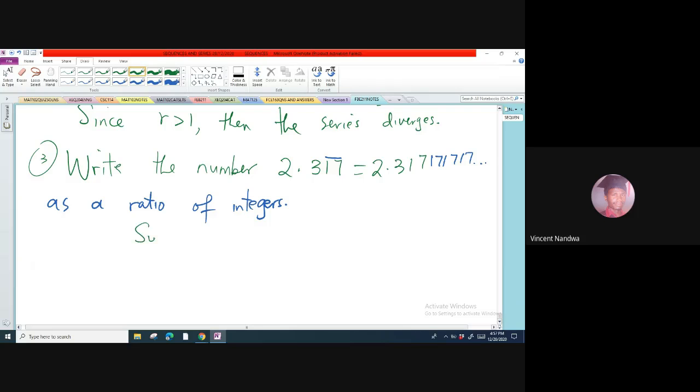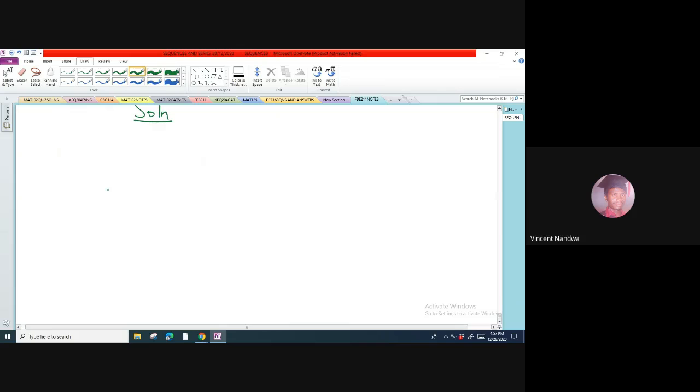So solution, 2.3171717 etc. is the same as 2.3 plus 17 over 10 power 3 plus 17 over 10 power 5 plus 17 over 10 power 7 plus other terms.